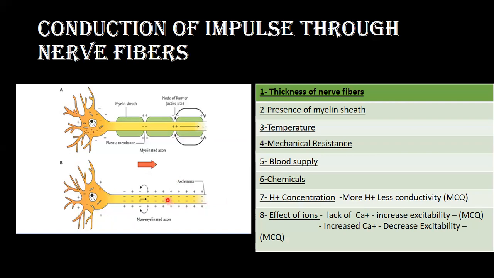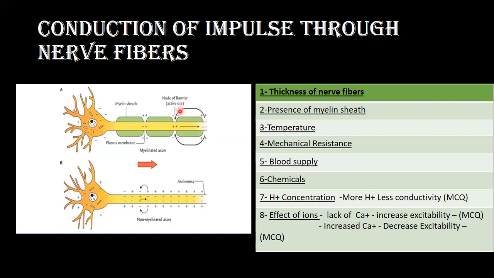So in non-myelinated, continuous conduction of nerve impulse is seen, and in myelinated we have the solitary conduction of impulse. In this, the myelinated nerve fibers can be stimulated only at the gap, that is the node of Ranvier, where the axon is naked, as you can see here, and the ions can pass freely through the plasma membrane between the ECF and the axoplasm.